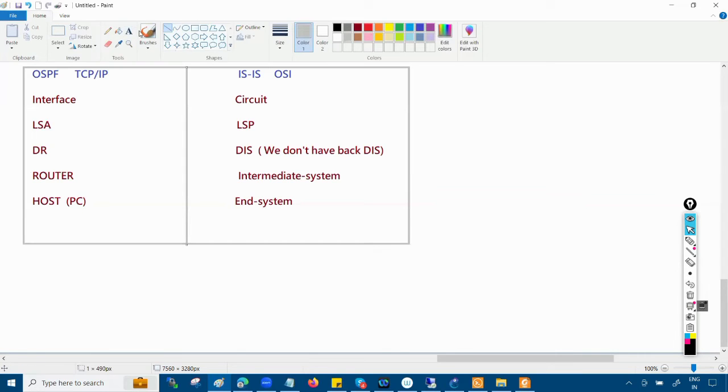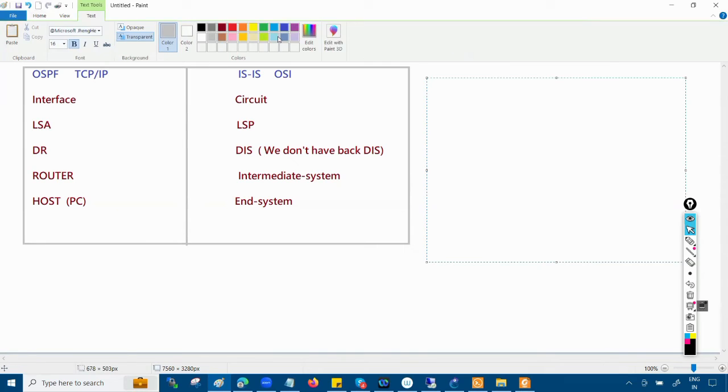Right? Now, in the ISIS protocol, this is the most important point. Have a look. In ISIS protocol, in OSI protocol, we can allocate one interface to a different area, right?